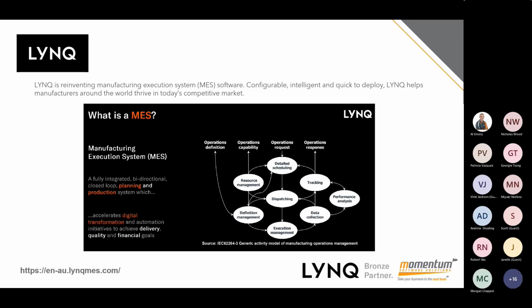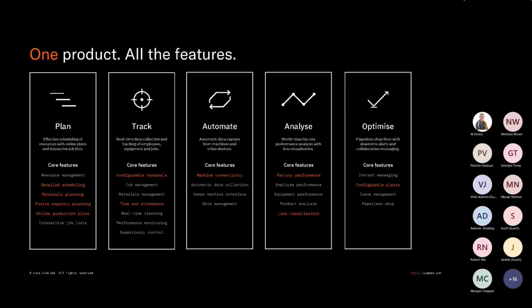Go to the next slide, it shows you the different areas. Basically on the planning side, setting up your scheduling, your tracking, what's happening on the factory floor. You can do automation. You can attach machines or output from machines back to the software to record the automation side of it, then analyze that output, then go back and optimize your workflows or work centers on the actual MYOB Advanced.